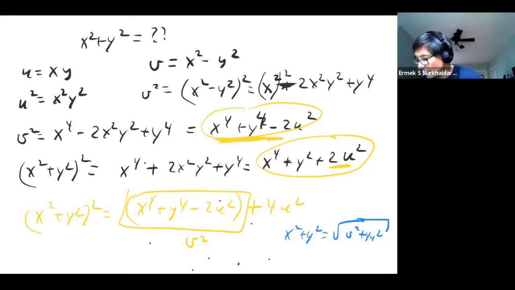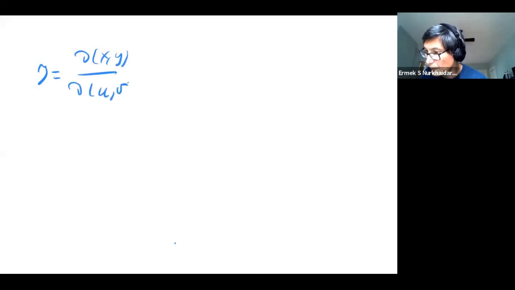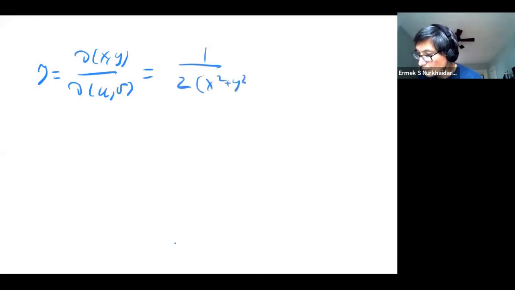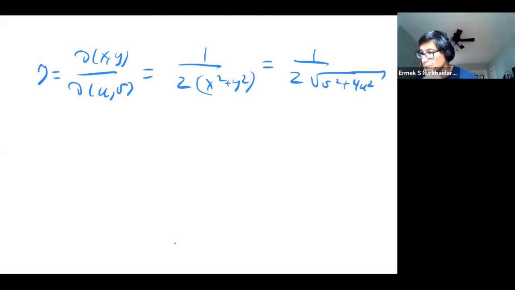So anyhow, for our purposes, what we've got is the Jacobian from xy to uv was equal to 1/2 times x squared plus y squared. And we figured out that that's 1/2 square root of v squared plus 4u squared. Okay.